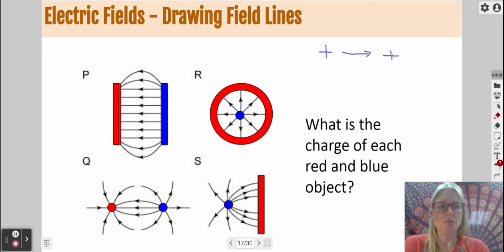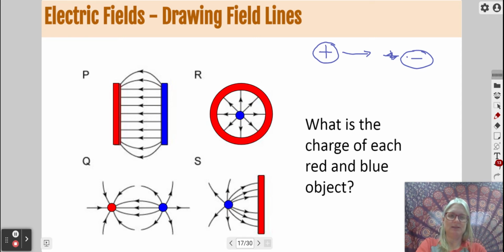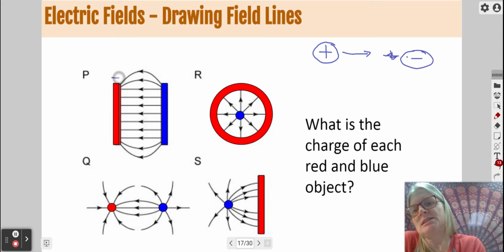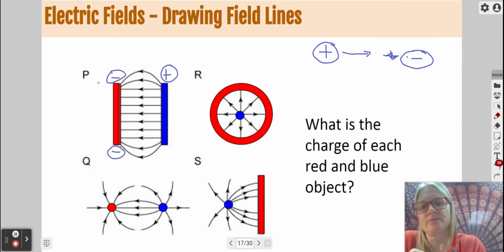So where the arrows are pointing is going to be negative. We see the arrows are always pointing to this red side. So this red side must be negative, and the blue side must be positive. Right? So lines are always going from positive to negative charge.